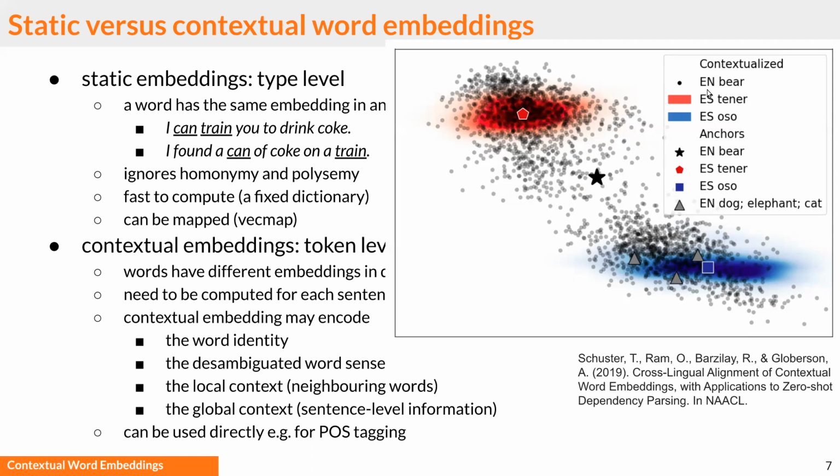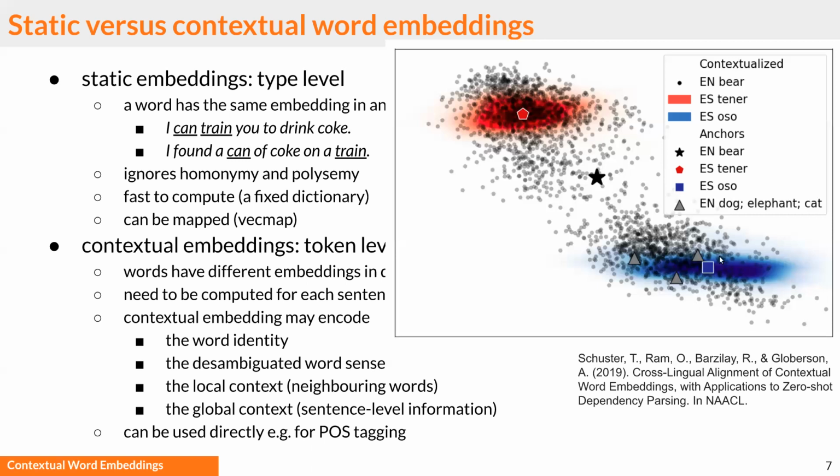We can see that bear in English does have two meanings, and that they are clustered together. The triangles are other animals in English, so this is the animal meaning. We also see the multilingual BERT representation for the Spanish word which also means bear as the animal. I think this is the average of all contextual embeddings of the word.